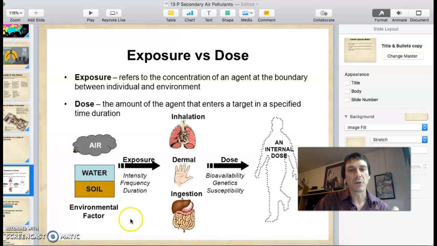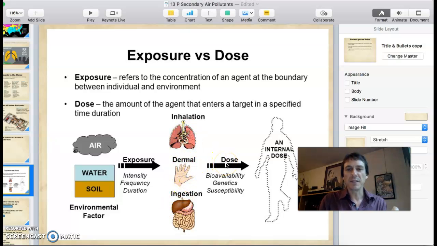Okay, so this is a great little diagram here. It shows the environmental conditions. You're exposed to the pollutant, and then it gets in you in certain ways, either by touching, like by your hand, or it gets on your skin, or you eat it, or drink it, or you breathe it in, right? Those are the ways it gets into us.